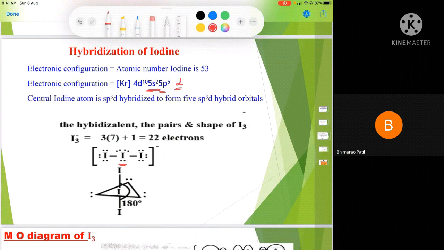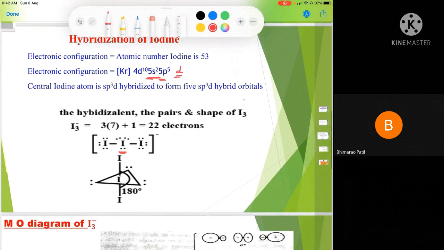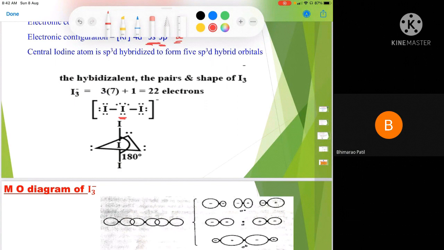Then 5 sp3d orbitals are formed. Out of those, 2 sp3d orbitals combine with 2 pz atomic orbitals of the 2 iodine atoms to form sigma bonds, and the remaining sp3d hybrid orbitals of the central iodine atom always contain lone pairs of electrons, as shown in the structure of the triiodide ion.